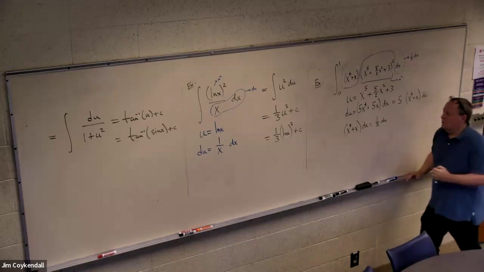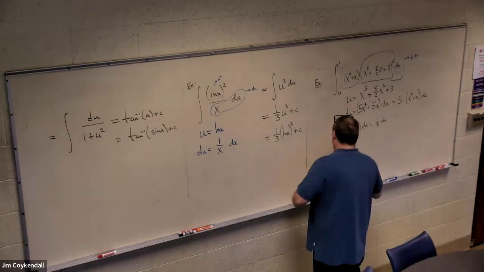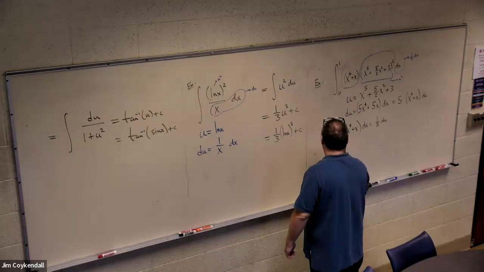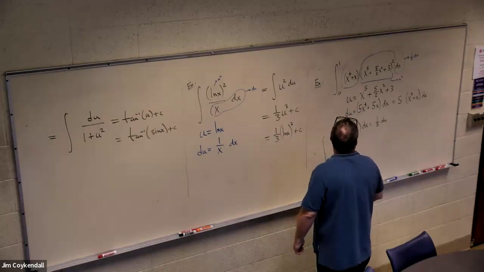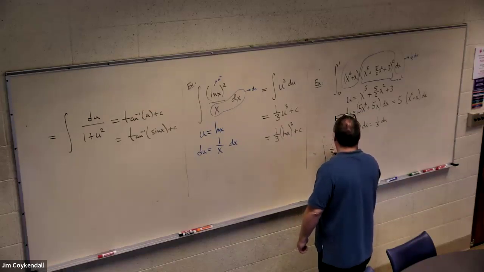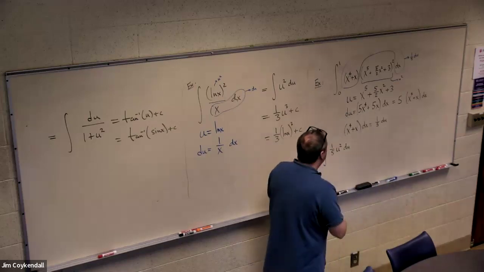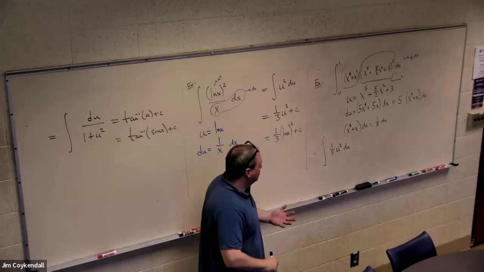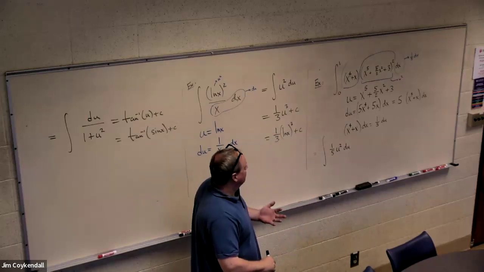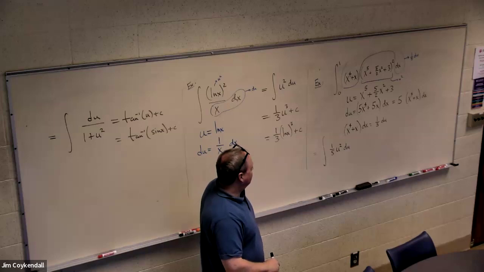So this new integral now becomes 1/5 u squared. And what else do we have to do?